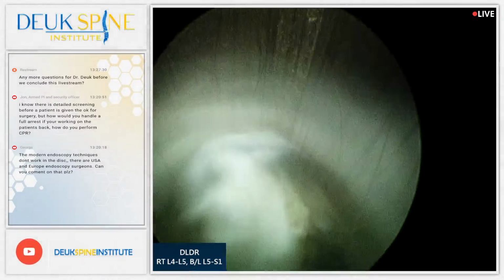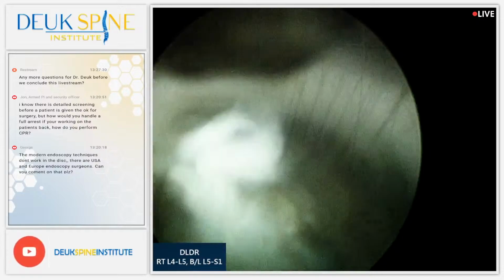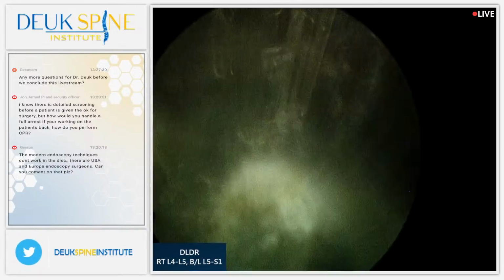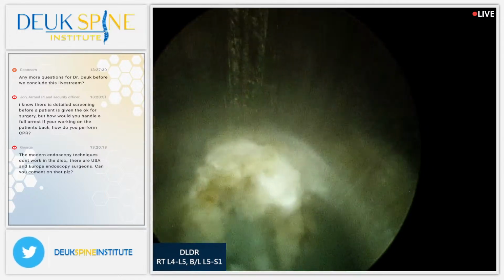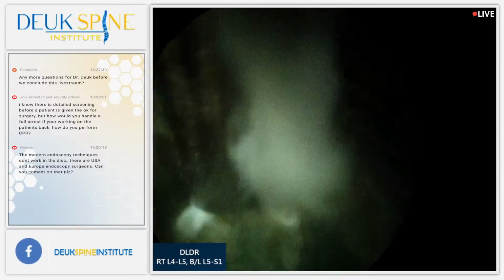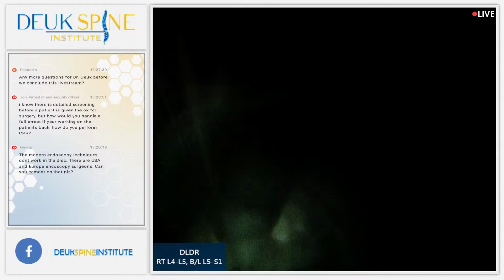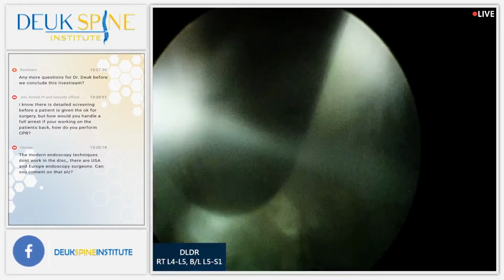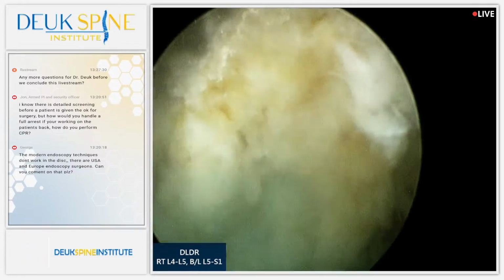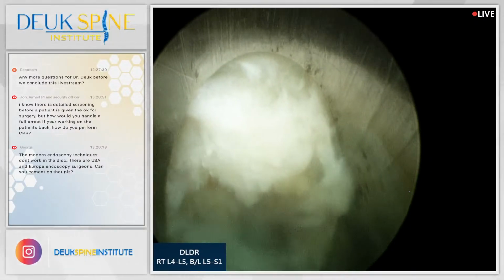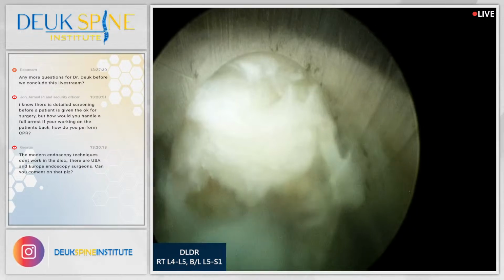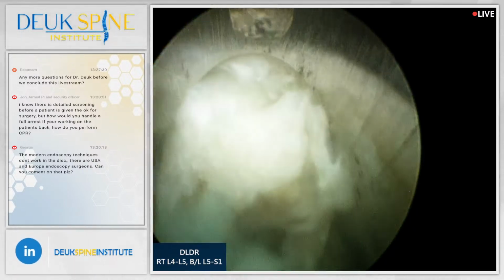The average disc herniation has about 30 to 35 pieces of herniation. Oh, look at all that, just pushing out hard into this tube.